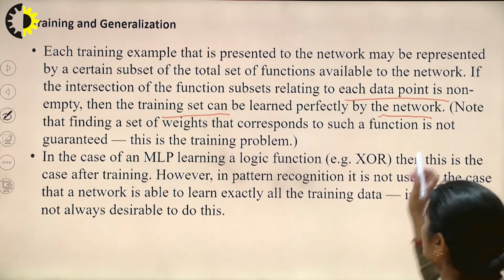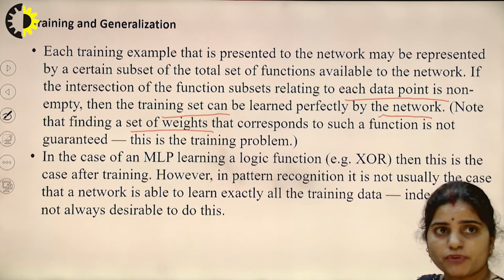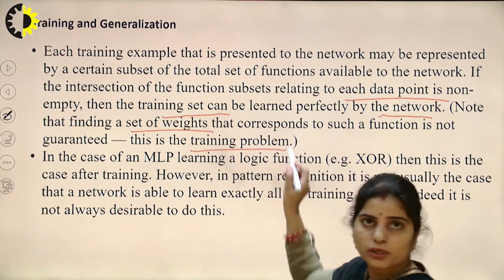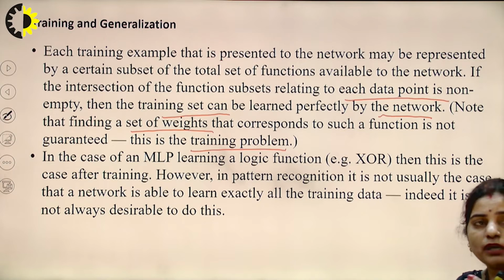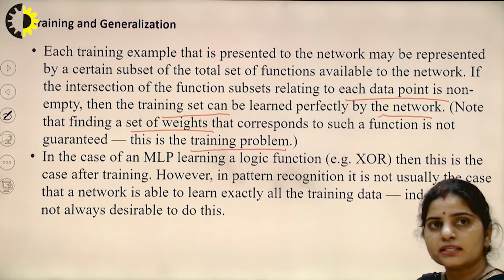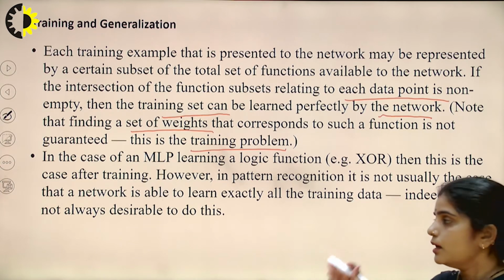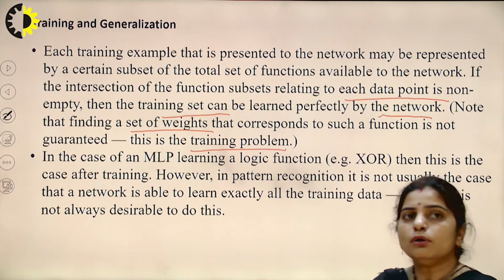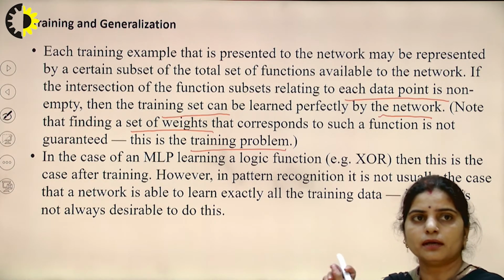But finding a set of weights that corresponds to such a function is not guaranteed. This is one of the training problems: finding the set of weights which corresponds to that mystery function, which I discussed at the start of my lecture, is not guaranteed.